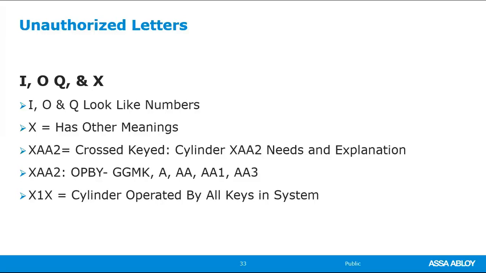So that access door that accesses all the apartments, I can put X1X, which means I cross key all keys in the system to it. Now, everyone can use their individual apartment key to open that entrance door to come in, but when they get to their apartment door, they don't have to worry because only their key fits the apartment.